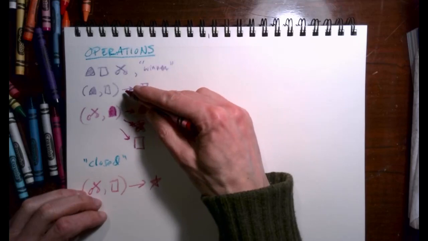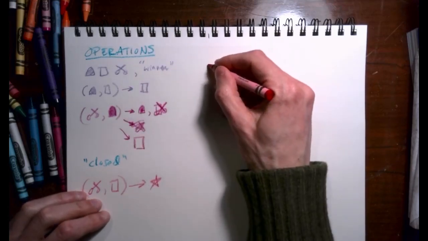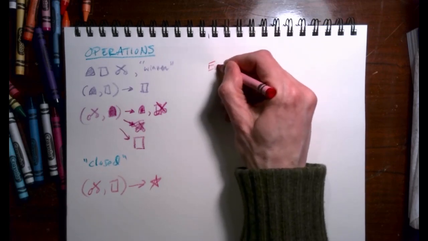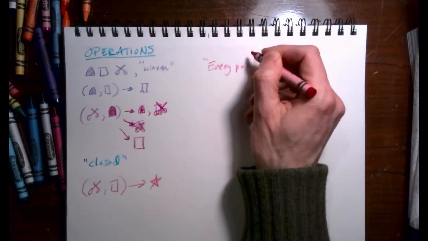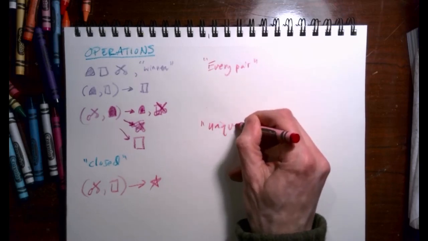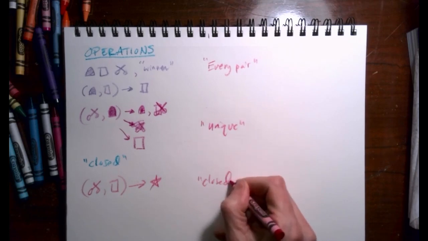Okay, so every pair has to go to something. This was unique. And this was closed.